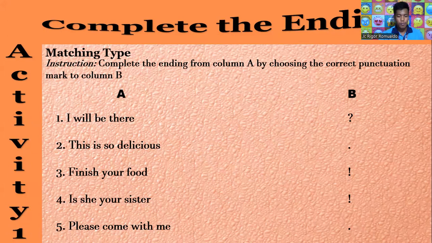Complete the ending from column A by choosing the correct punctuation mark from column B. As you can see, there are 5 sentences here, and if you recognize, there is no proper punctuation at the end of them. So what you're going to do is choose the correct punctuation mark here at column B.